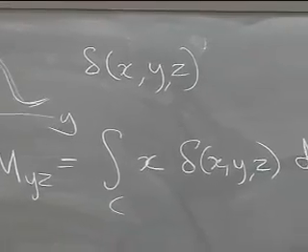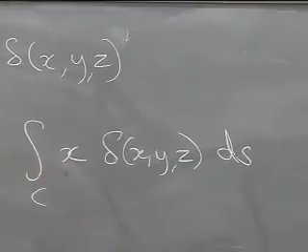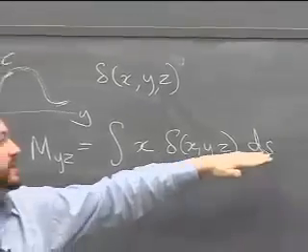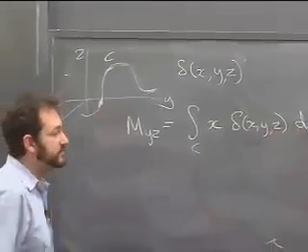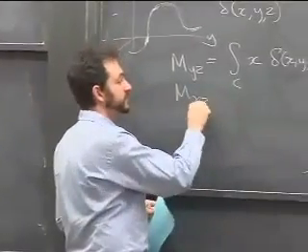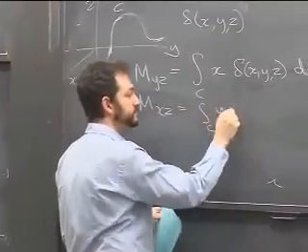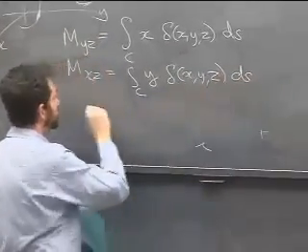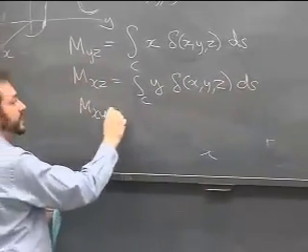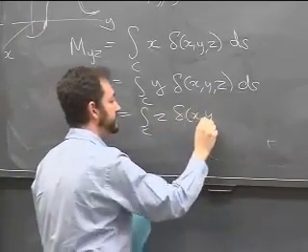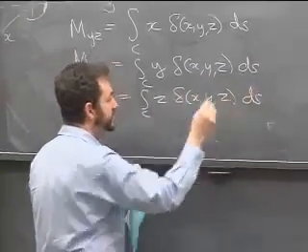We multiply by x, the signed distance from the YZ plane, times the density of the wire. But this time the integral is not dA or dV, but it's ds. And similarly for Mxz, and similarly for Mxy, that's about the xy plane. And these are all line integrals.